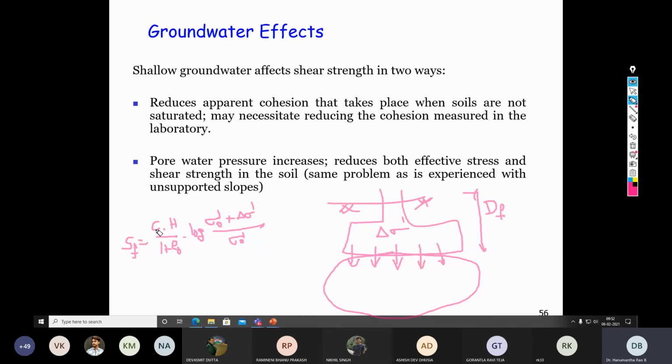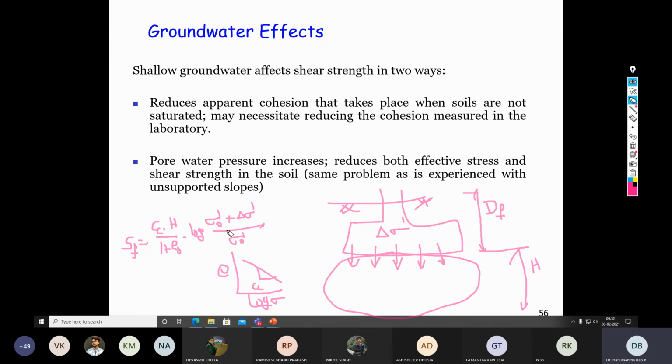Now Cc is the coefficient of compression. So this is the slope of the e versus log sigma graph, that is your consolidation. So this is nothing but your Cc. e naught is the initial void ratio and H is the thickness of the soil layer, which is under stress.